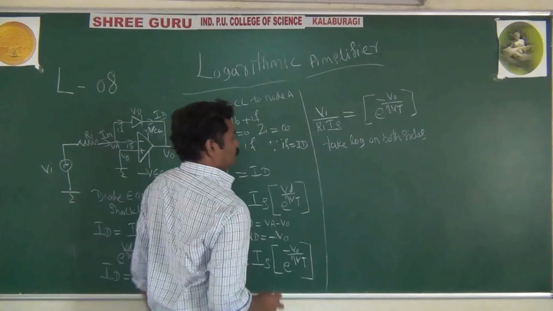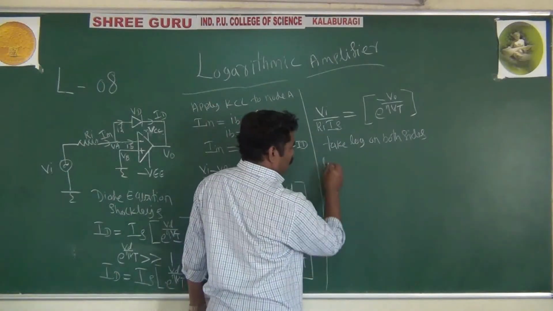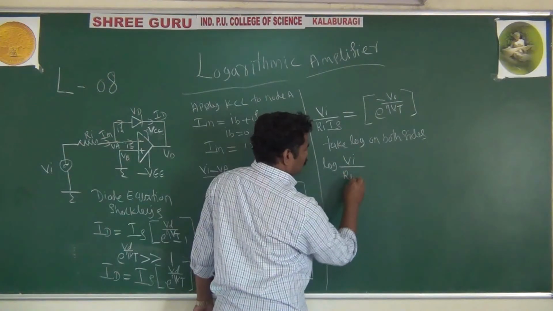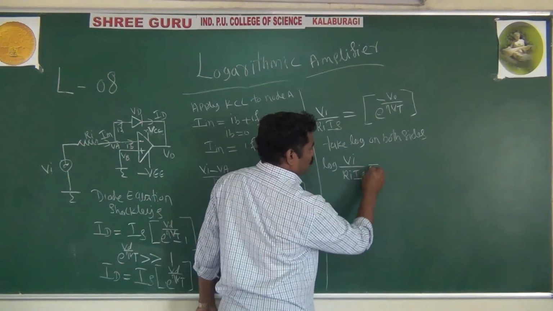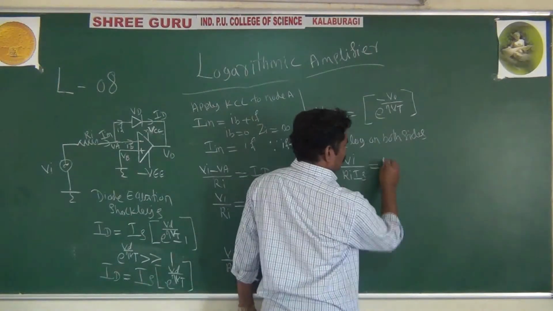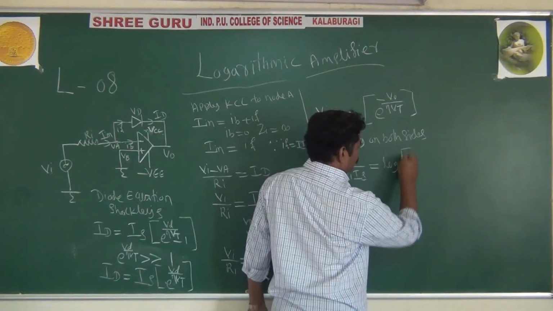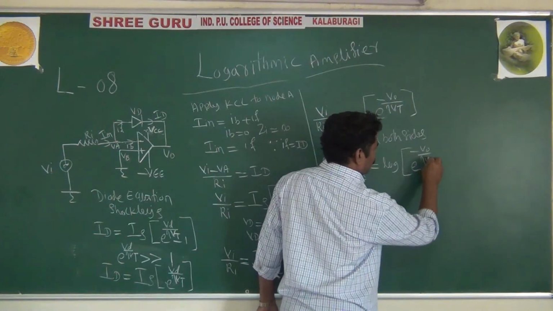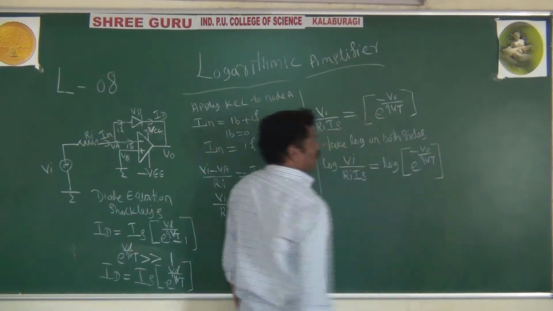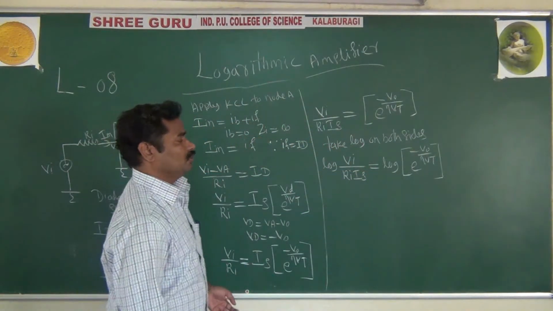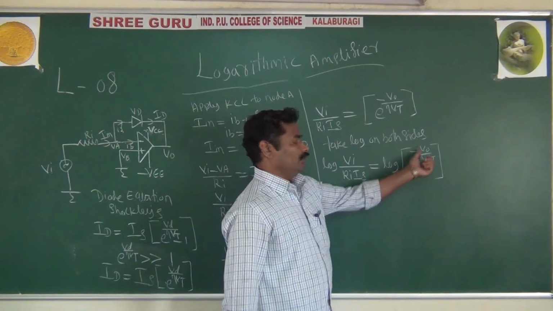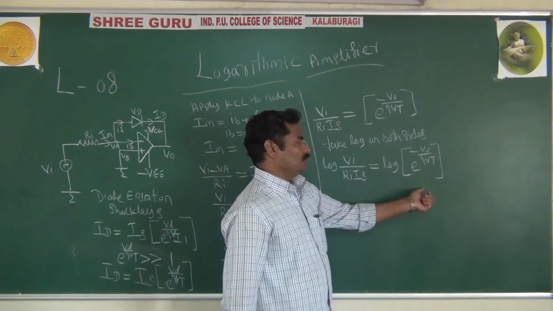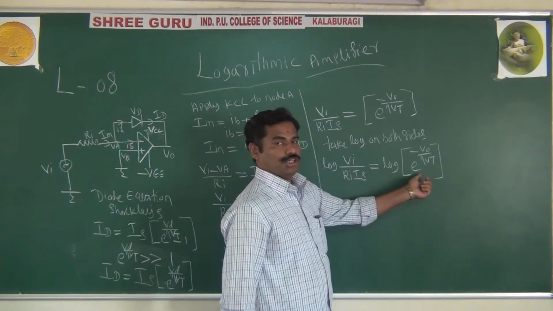Then you take log here. Log of Vi by Ri into Is is equal to log of e raised to minus V0 by eta Vt. Look here, the important thing is about log m raised to n. It means this should multiply here, and as usual log e to the base e is 1.